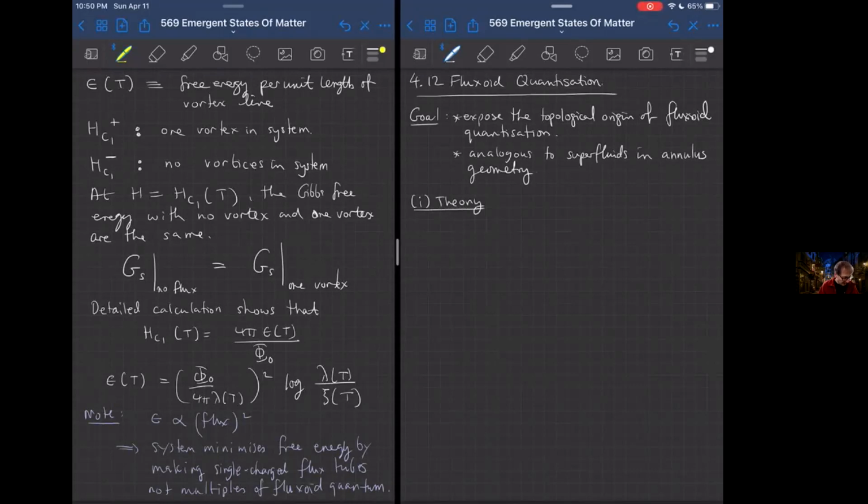With the theory. So I want to imagine now that I have a superconductor, which is some annulus like this.